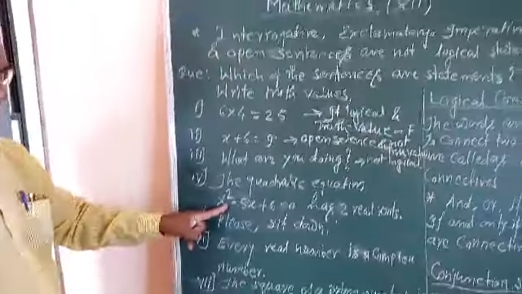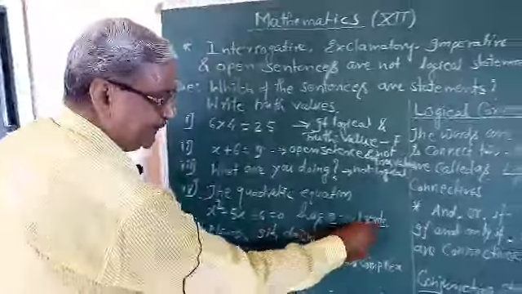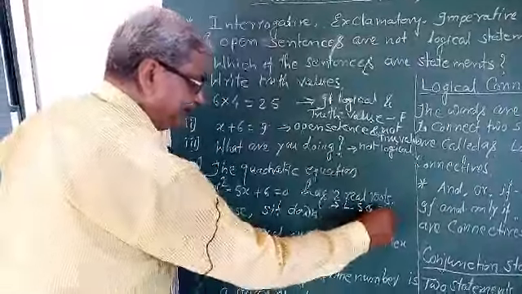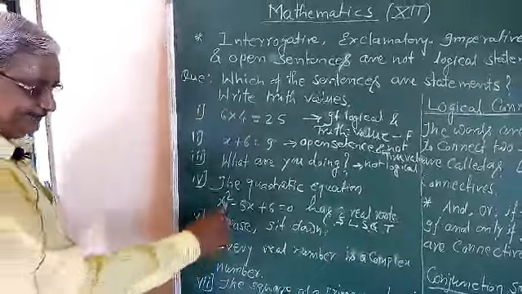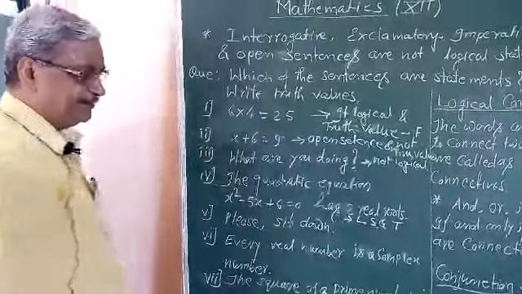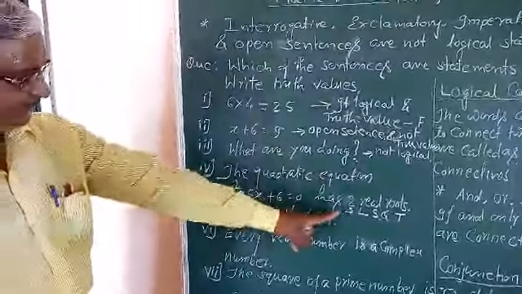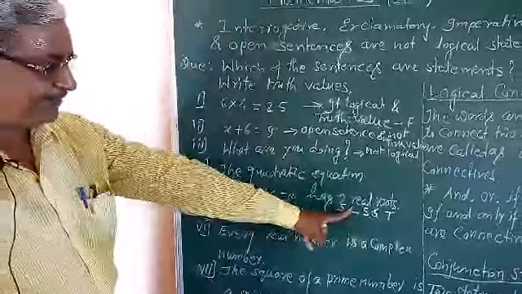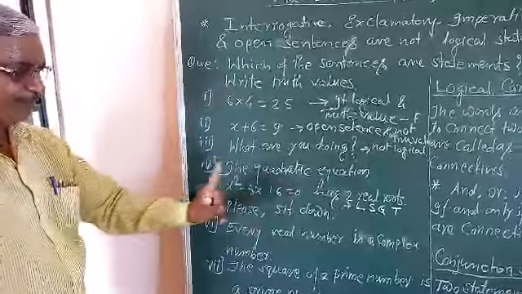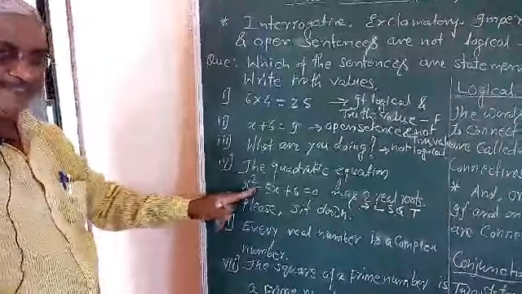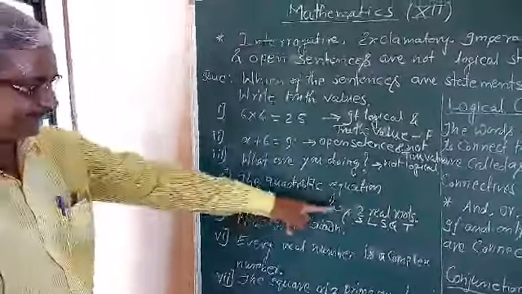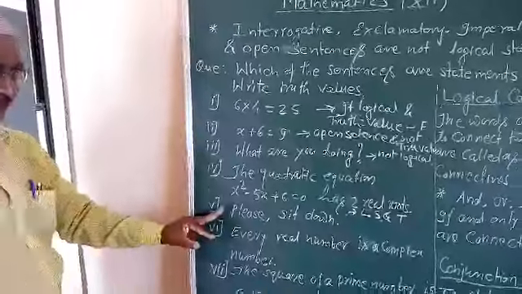It is a logical statement, LS in short, and its truth value is T. But if only x square minus 5x plus 6 is equal to 0 is given in our problem and the condition of having two real roots is not given, then our solution will be changed. We don't know for what value of x this equation is satisfied, we are uncertain, and at that time we can say it is an open sentence. But here, as the condition is given, it is a logical statement and its truth value is T.